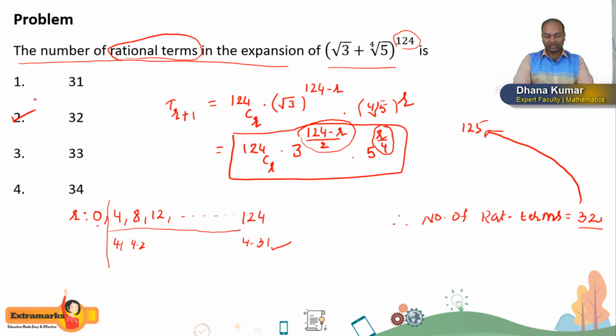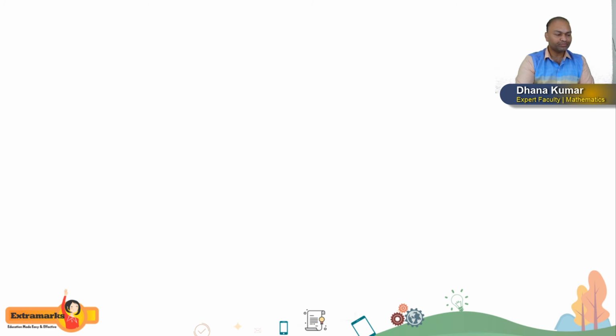Okay, this is the general procedure. Then what about another one? A direct formula is there. What about that formula? First you see, I am writing the formula. Suppose the number of rational terms in a power 1 by L plus b power 1 by K, whole power n.